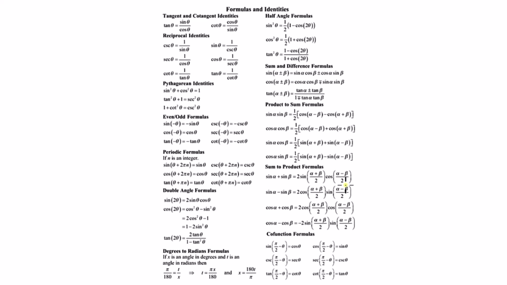Well, no, you can't do that, right? Sine alpha plus sine beta over cosine alpha plus cosine beta is most certainly not equal to tangent alpha plus tangent beta. So you can't really do that here.